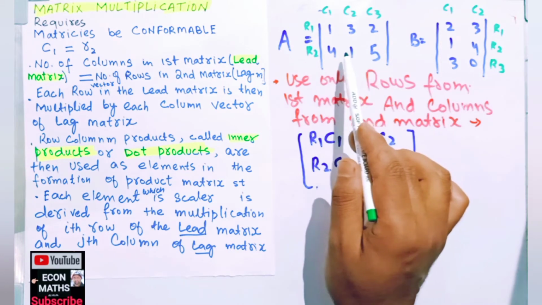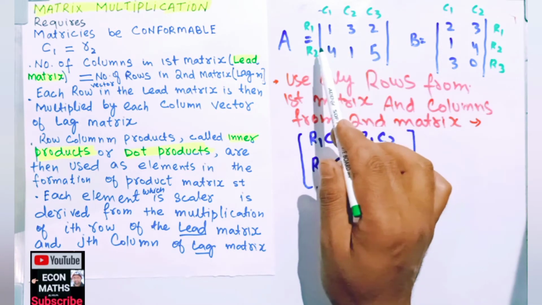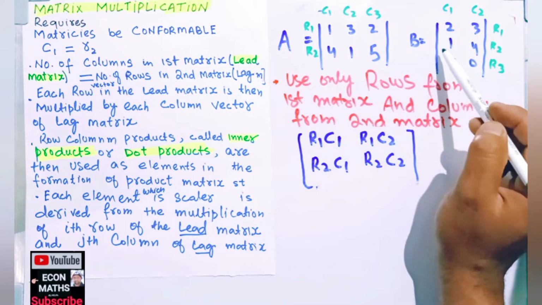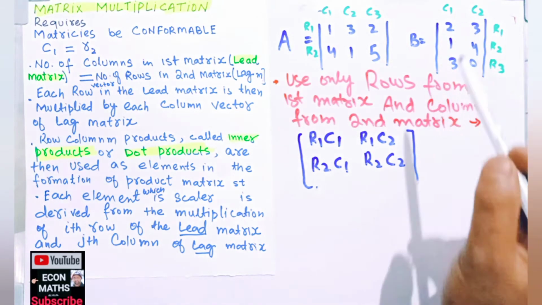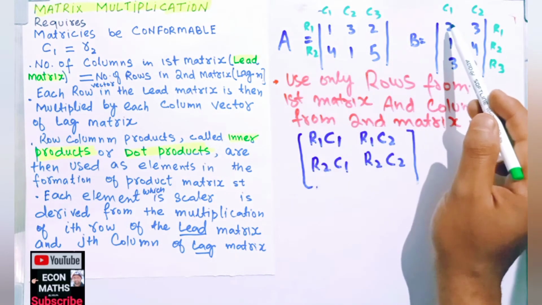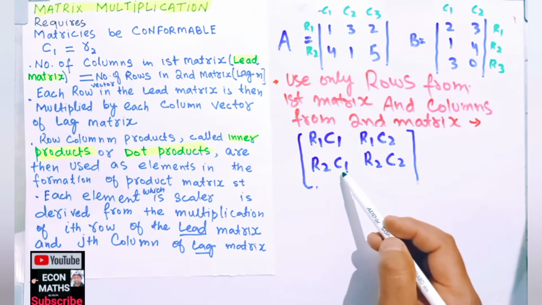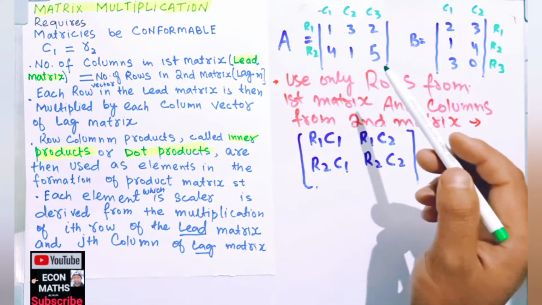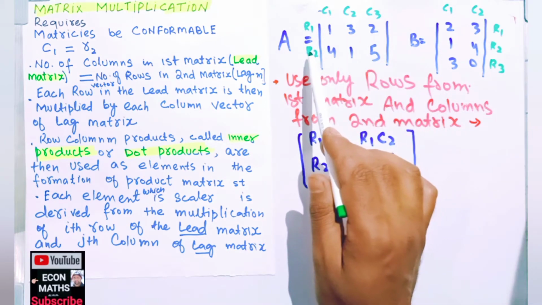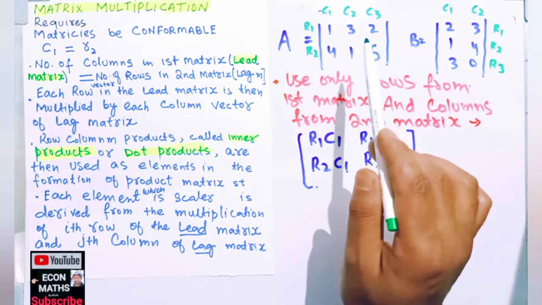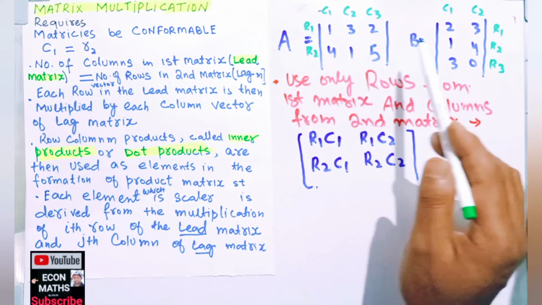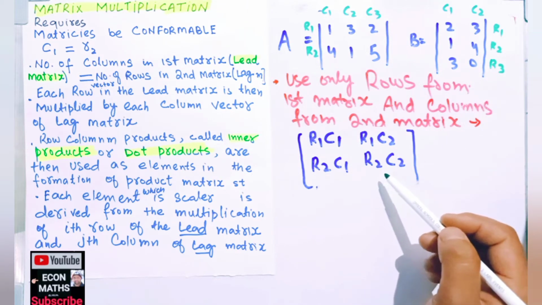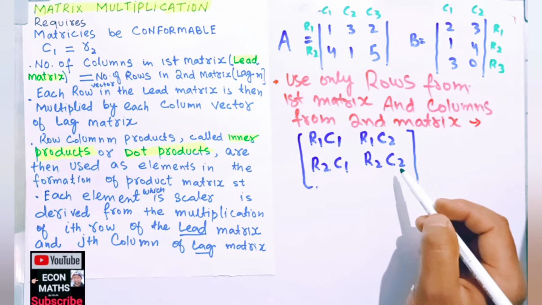We multiply the second row of the lead matrix with the first column of the lag matrix, R2 times C1, to get the third element. Similarly, we take the second row of the lead matrix and multiply it by the second column of the lag matrix to get the fourth element of the matrix.